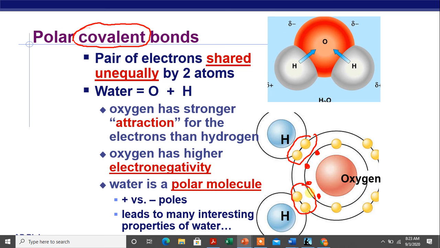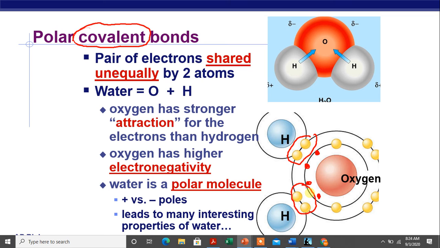Electronegativity is how strongly an atom, an element, will attract electrons towards itself. And atoms in covalent bonds that have a higher electronegativity than the other element they're sharing electrons with will pull those electrons closer to itself.